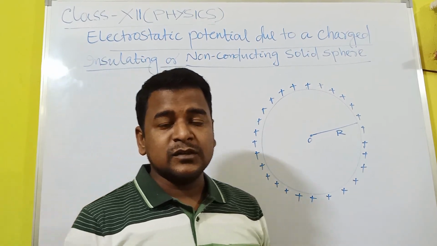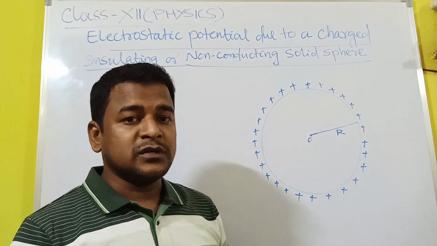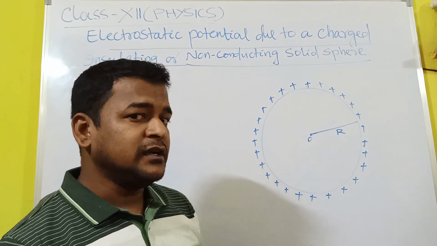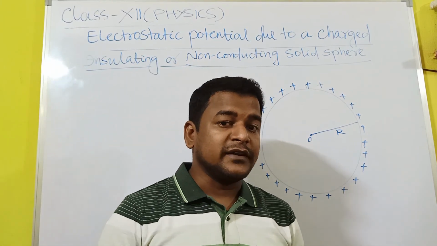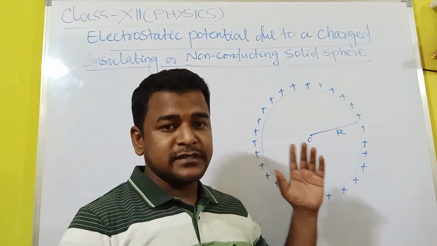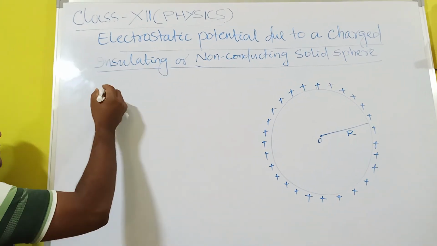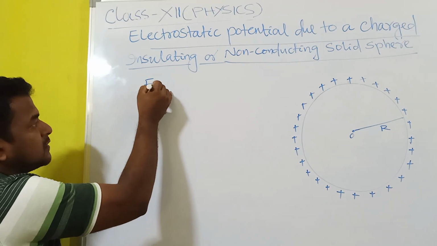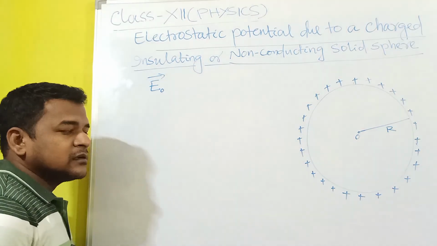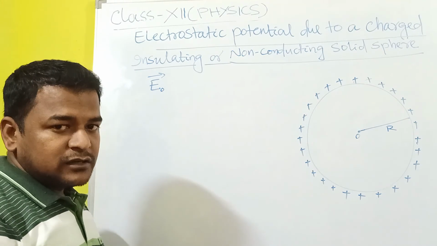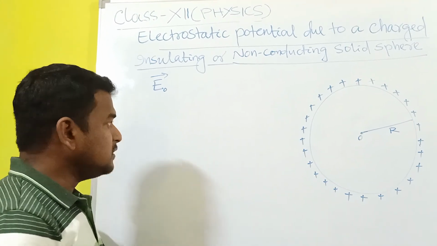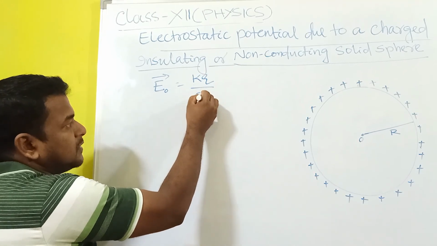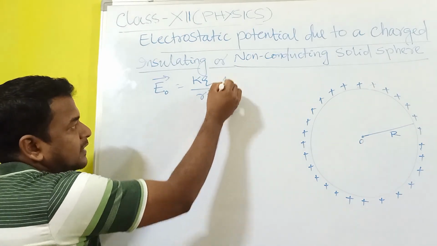For that, we must know the values of electric field which we derived earlier. Let's recall those values at different points. Electric field outside the sphere: I am writing E0 for the electric field outside the sphere, and that is kQ upon r square r cap.